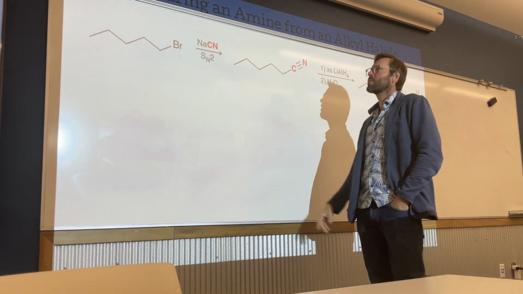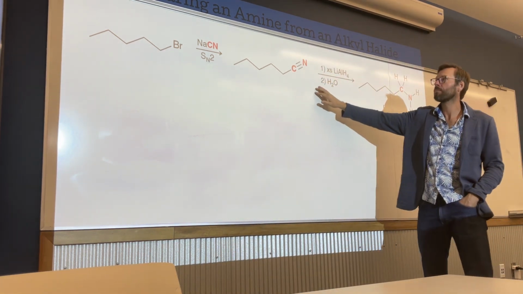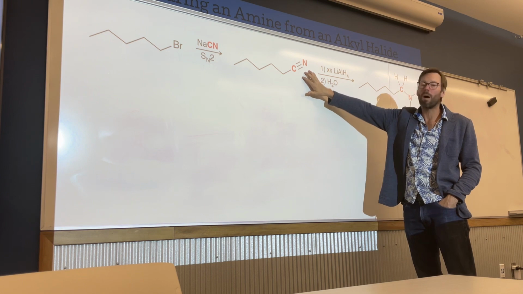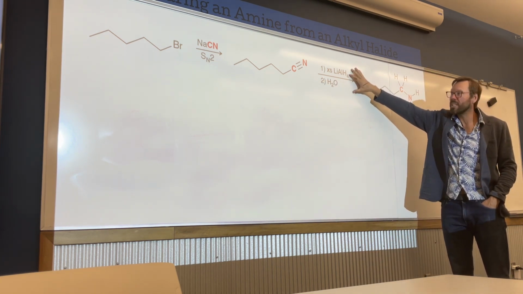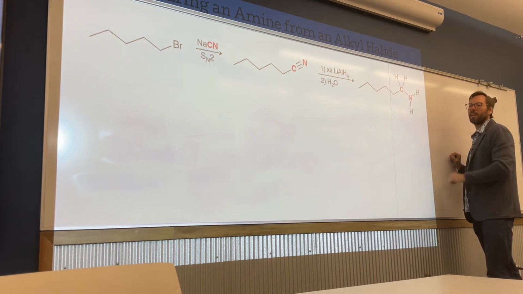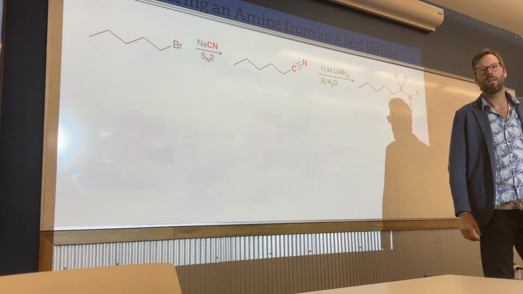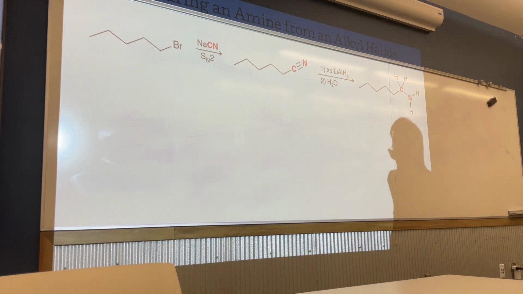So we use sodium cyanide, we do an SN2 substitution reaction, we replace that bromide with a cyanide, then we use our reducing agent in excess and water to break that triple bond and protonate the carbon and nitrogen. Okay? So that's one very common way.